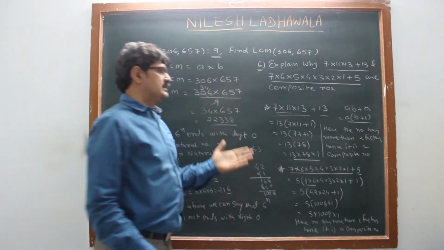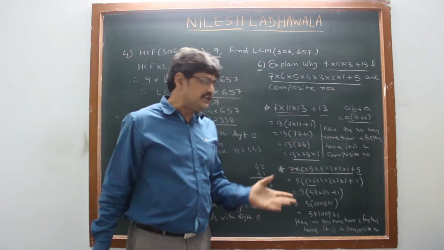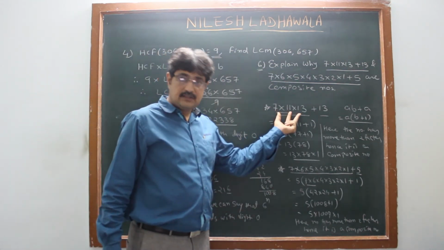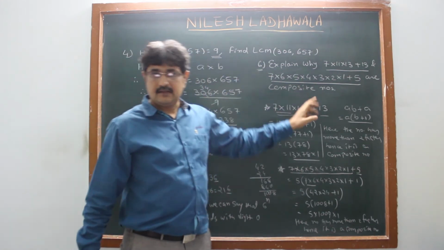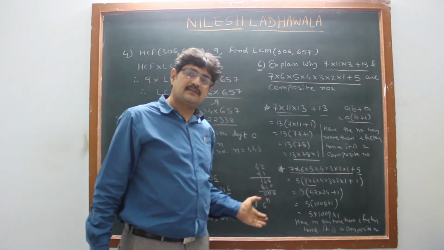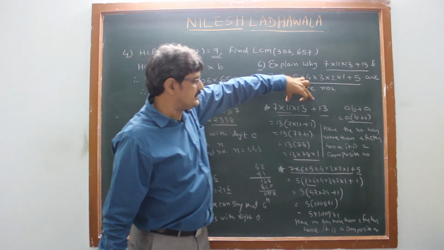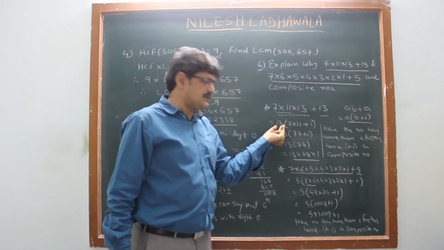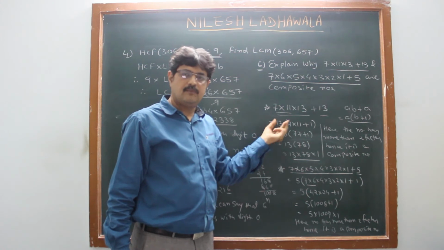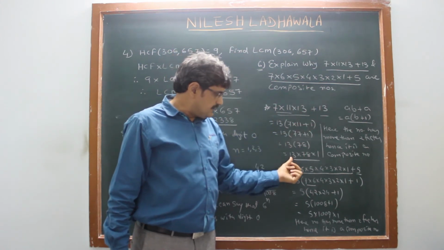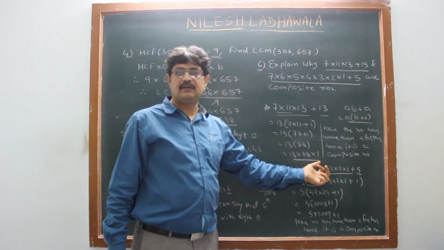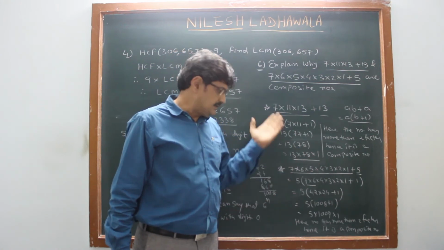So it is very much easier. You do not need to multiply these 3 numbers, then add 13 in it, and then factorize. It is a tedious job to do. So we can do it easily by taking 13 common from both the terms. And we have proved that it has more than 2 factors, and hence it is a composite number.